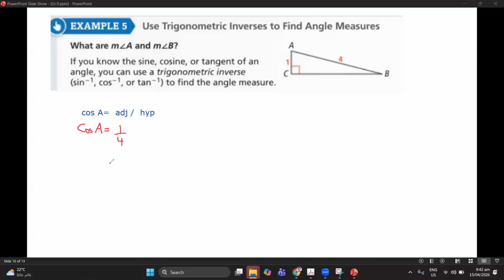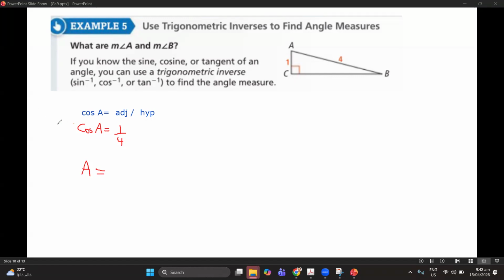In order to find A, I will solve it by multiplying by cosine inverse on both sides. Let's change the color first, please.